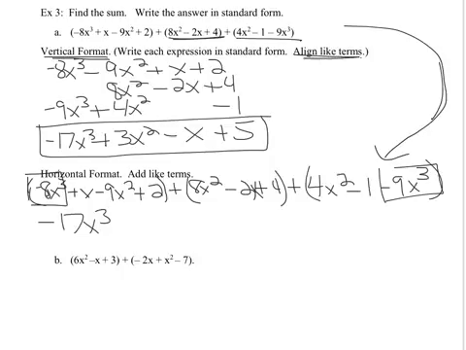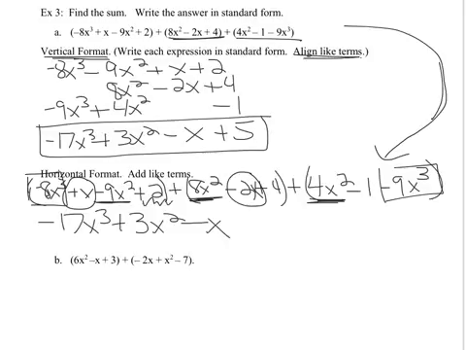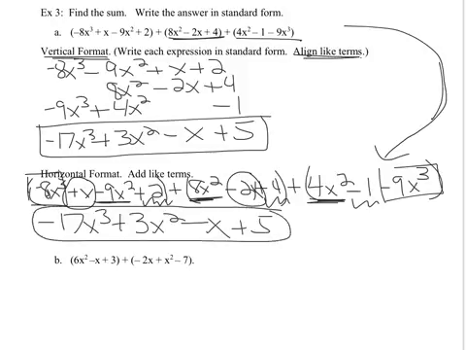Then I'd look at my squared with my next degree, so we have minus 9x squared plus 8x squared and plus 4x squared. 8x squared and 4x squared is 12x squared, minus 9x squared, there's your plus 3x squared. Then looking at your x's, we have plus x and minus 2x is minus x. And then our constants, 2 plus 4 is 6, minus 1 is plus 5. So again, you really could do either. It's combining like terms.